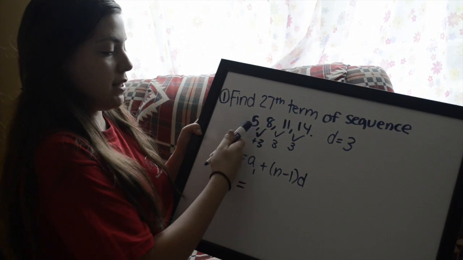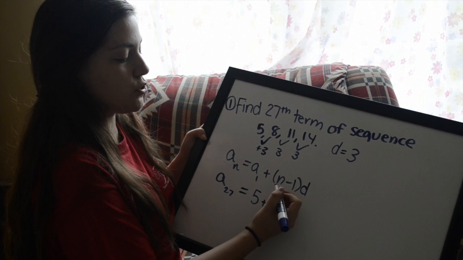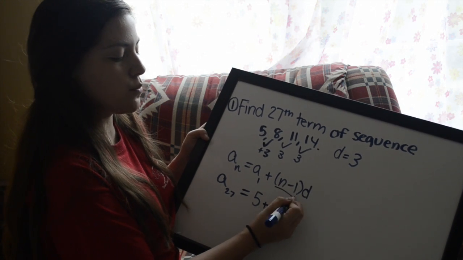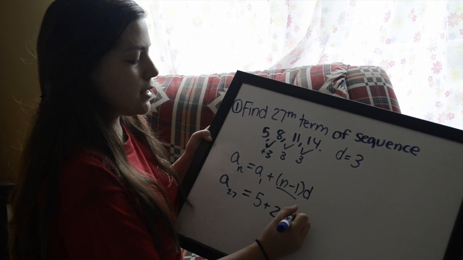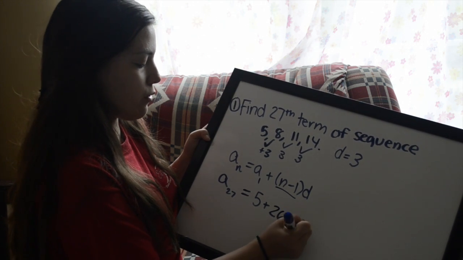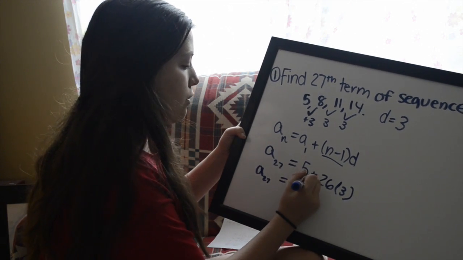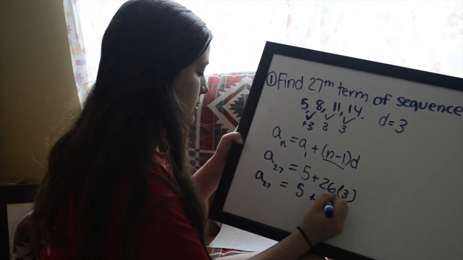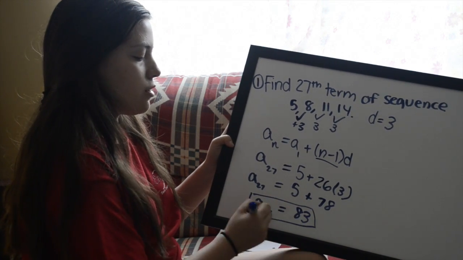The first term of the sequence is 5. The number of terms in the sequence is 27, but we're going to do 27 minus 1, which is 26, and then 26 times our common difference of 3. So a sub 27 is going to equal 5 plus 78, and that's going to be your answer. That is your 27th term.